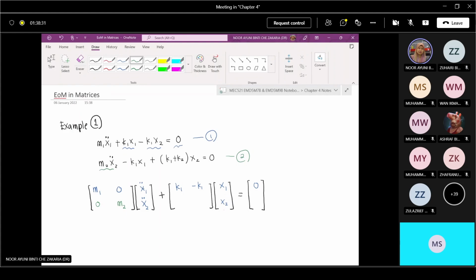So it is multiplied with X1, also multiplied with X2 double dot here. How about K? For X1, we have negative K1. And for X2, we have K1 plus K2, which equals 0.